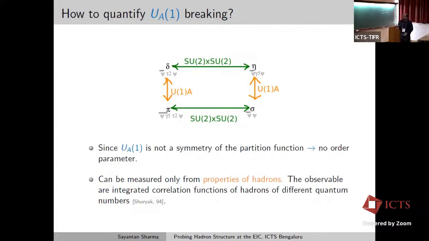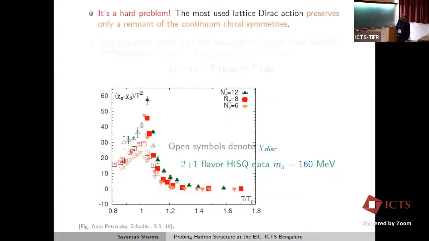So, to study UA1, it is important to understand the hadronic correlation function and its properties. So how do we study them? It is a very hard problem. One can look at the hadronic correlation functions and write them in terms of inverses of the lattice Dirac operator. However, here one needs to preserve chiral symmetry to a very good extent, which is a very difficult problem on the lattice.